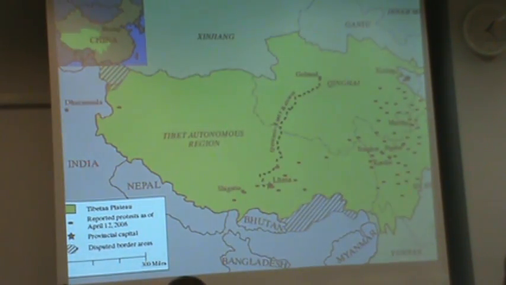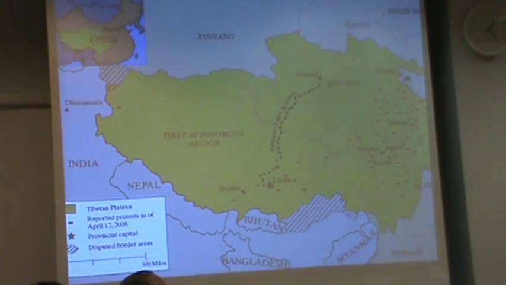This map, this wonderful map that I show whenever I have a chance to show it, shows the extent of the unrest and the failure of these policies.